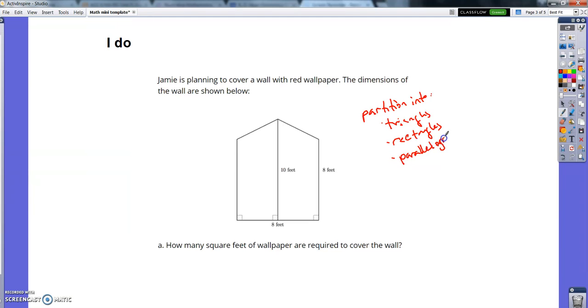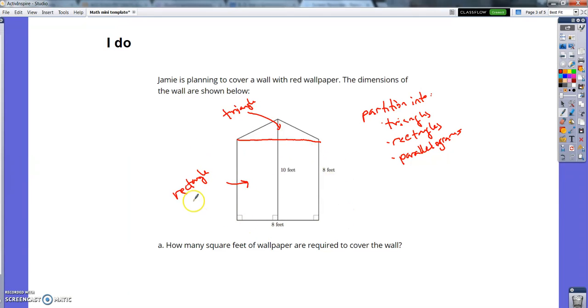All those have formulas, so it would be nice to partition into those. This one's not too tough. I can partition it here, and then I've got a triangle and a rectangle. So there's just 2 parts. That's kind of nice. I can find the area of each and then add them together.